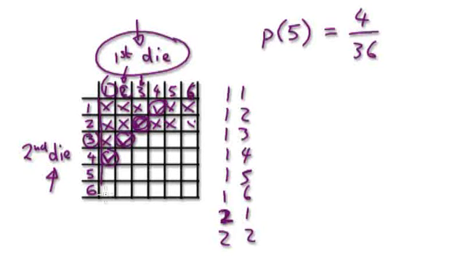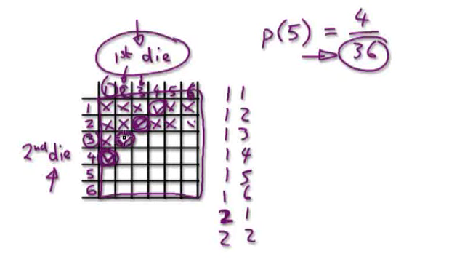Well, if you look at this table here, there are 36 possible outcomes. But we are only interested in four bits here. So the probability of you getting a 5 would be 4 over 36.